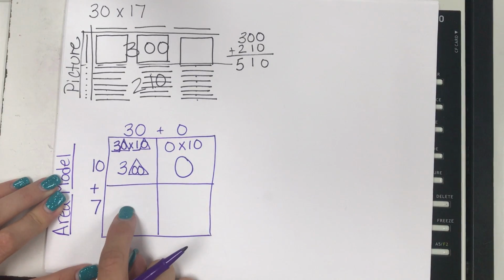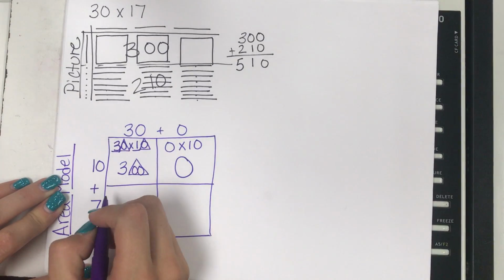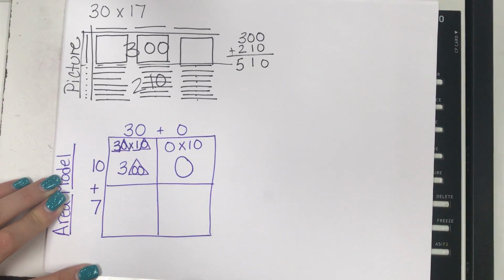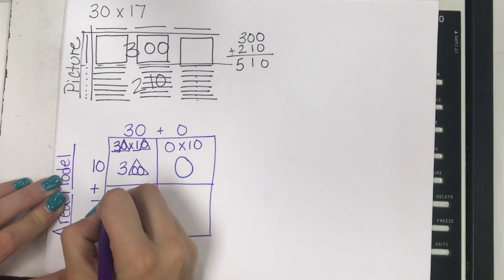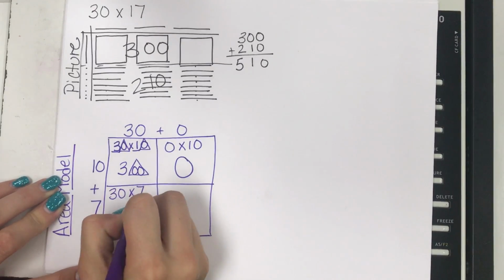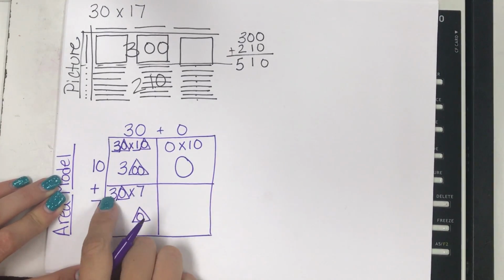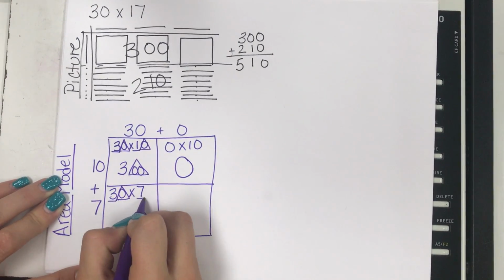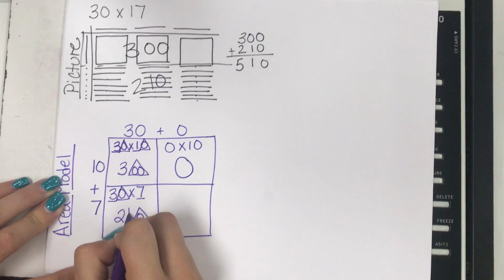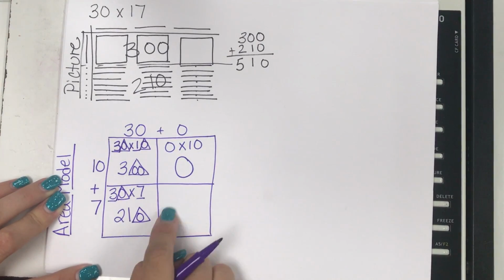Bottom left box. What goes in that bottom left box? 30 times 7. How many zeros? 1. And then I'm left with 3 times 7, which is 21. Bottom right box.